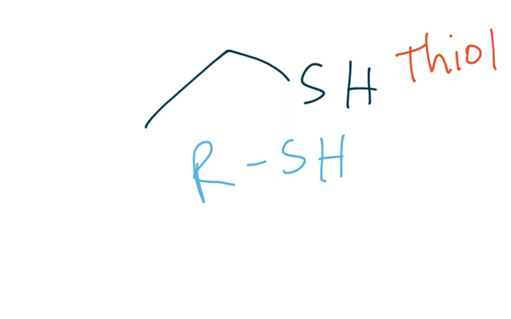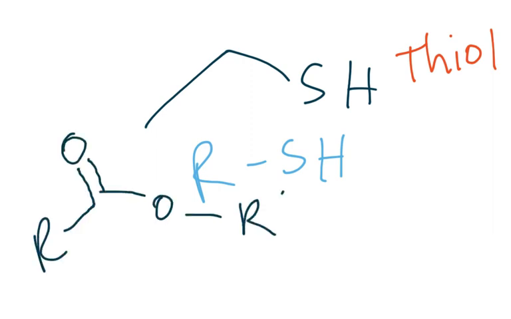Okay, and if we remember that when we're drawing esters, we're drawing something like this, right? And so instead of this oxygen atom, what if we put a sulfur atom? So let's erase that and put a sulfur atom. Now originally, if this was an oxygen, we would call this an ester.